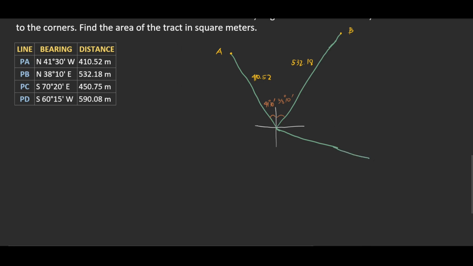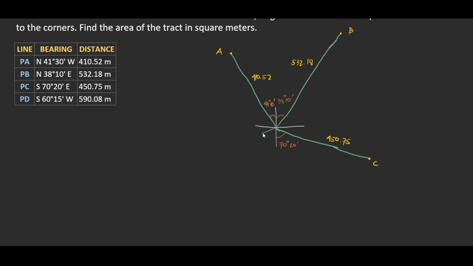Okay, so let's estimate it to be there, and then C, and then the length is 450.75, and then we have our angle 70 degrees 20 minutes. Okay, so let's now move on to the last one. South 60 degrees 15 minutes west. Okay, and 590. So it's the longest one, the longest line right here.